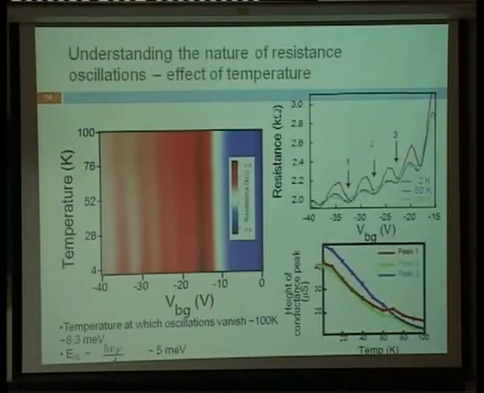If you extract an energy scale associated with it, it is about 8 meV, and this is in the very close neighborhood of our superlattice energy scale, which is the energy scale set by the periodic superlattice within the system. So it is expected that if our thermal energy becomes larger than this energy scale, and the physics is associated with the superlattice, it should go away, and that makes sense as well.